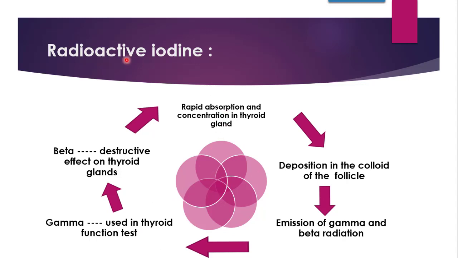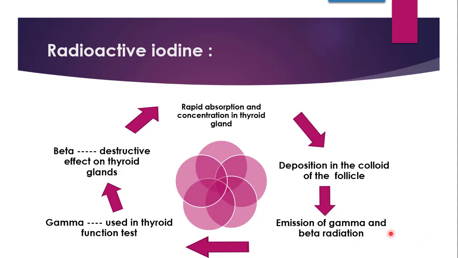How does it work? First, this radioactive iodine will get rapidly absorbed by the thyroid gland, and after absorption it will get concentrated there. This concentration will lead to the deposition of the radioactive iodine in the colloid of the follicle, and due to this deposition it will emit gamma and beta radiations. As you all know, they have great penetrating powers as well.